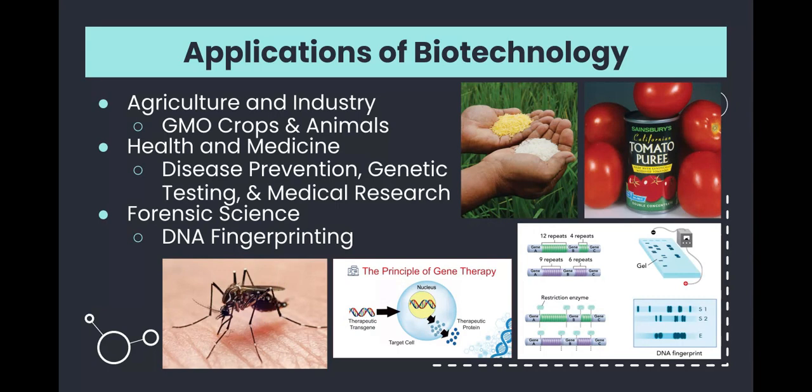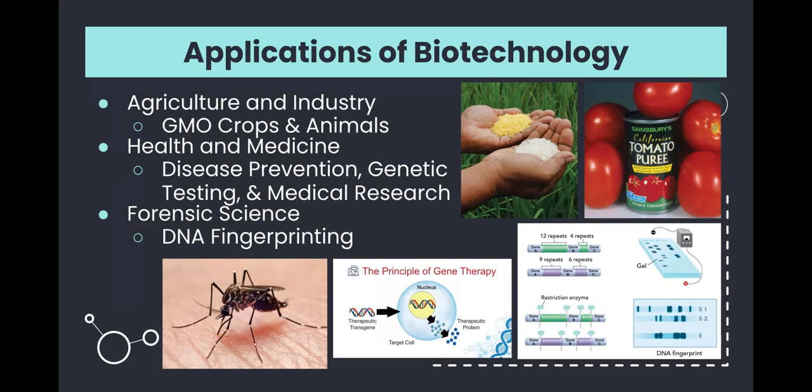We have genetic testing that we use to help learn about people's background and any kind of harmful things that they may have in their genes. We also have learned to help predict genes that they might need to know about in the future. We also have medical research that we've been doing to help with preventing diseases by medical testing and other experiments that have been done utilizing this technology.